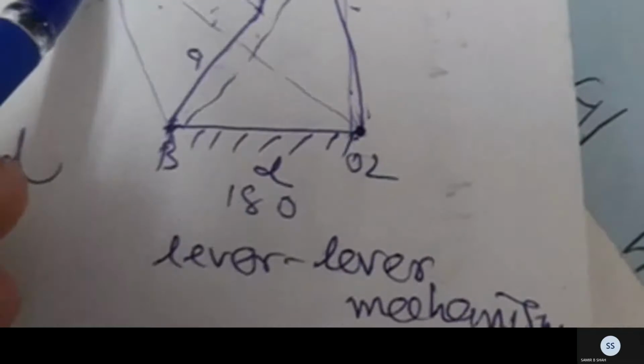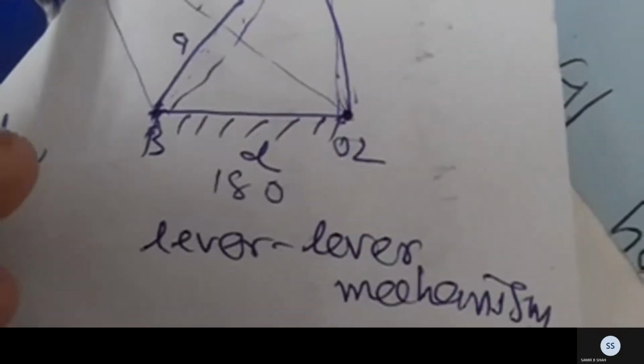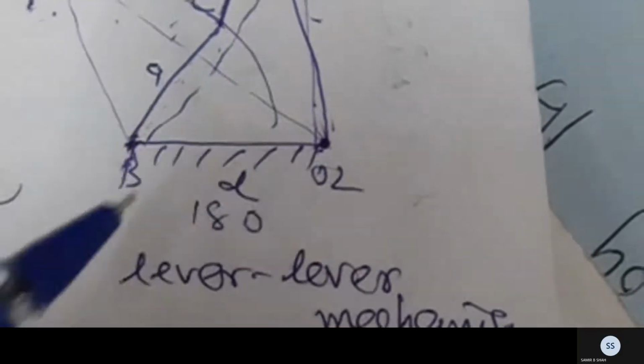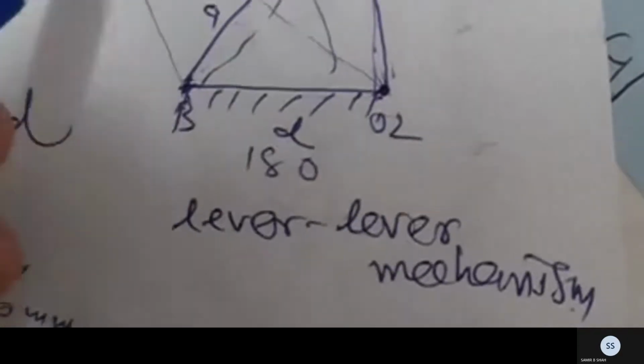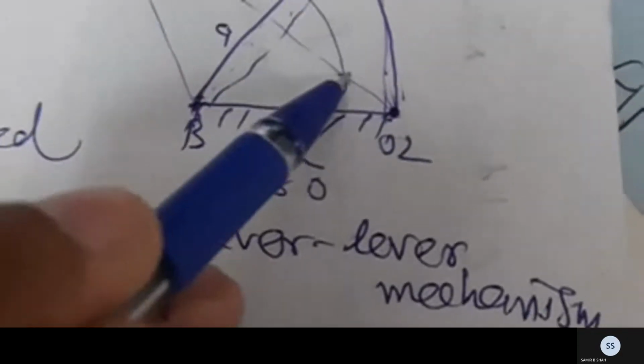Right. Now join with the dotted line the fixed points, that is B and O2. Now you can see the C dash point, which we get from BC as a center, which may intersect on the dotted line of O2 C dash at somewhere.